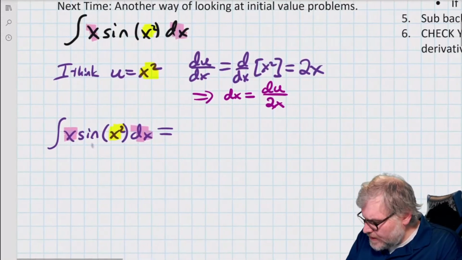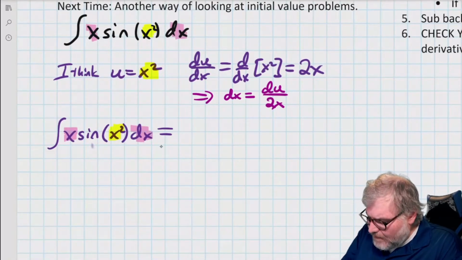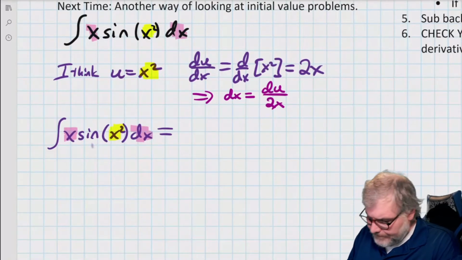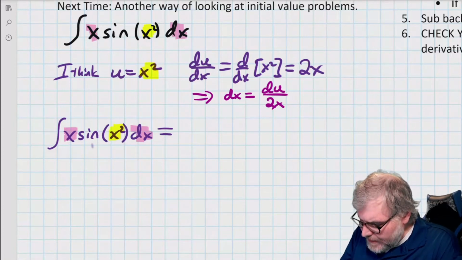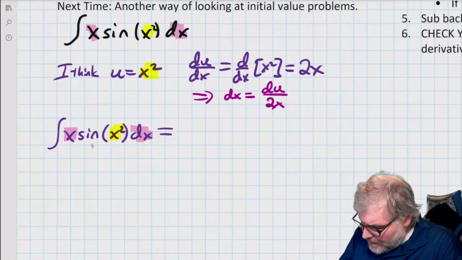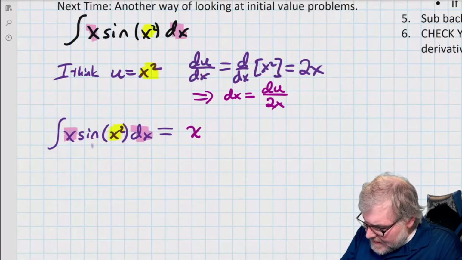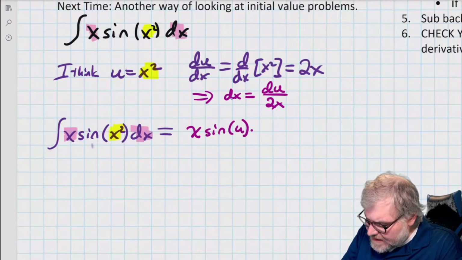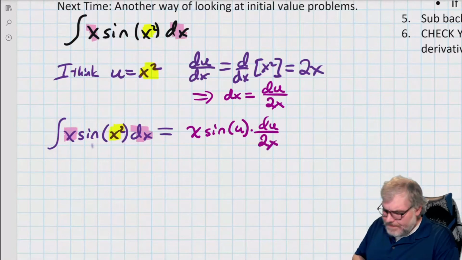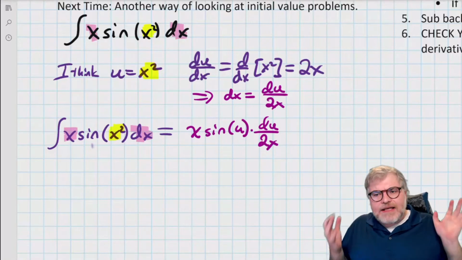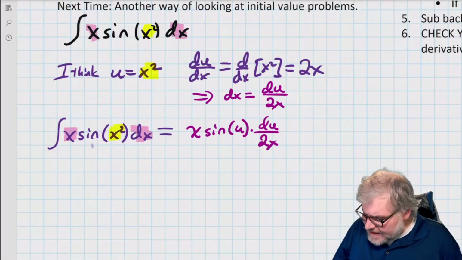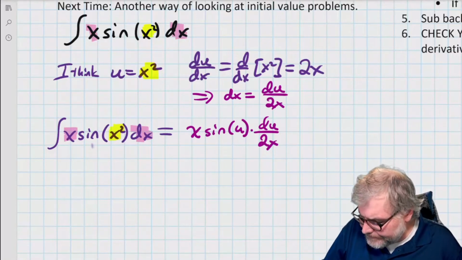Now, what I'm going to do here is rewrite the problem with my u. So u was x squared. I'm going to write x sine of u times, now I sub in my dx, du over 2x. Something nice happens here: the x here and that x cancel.